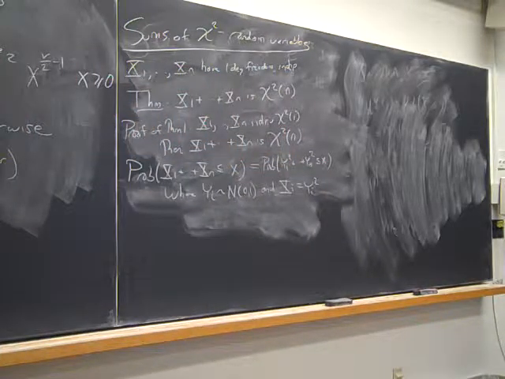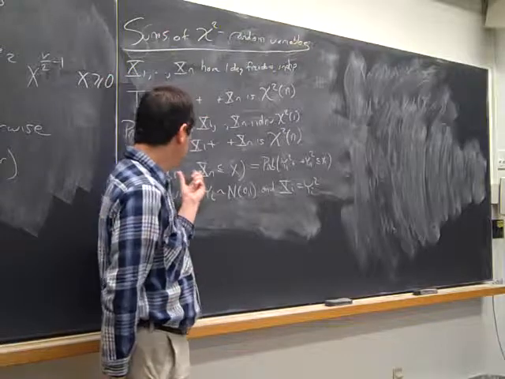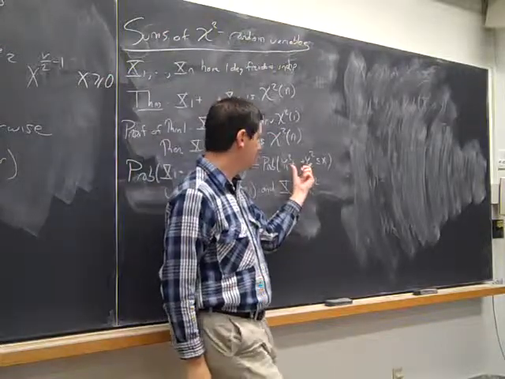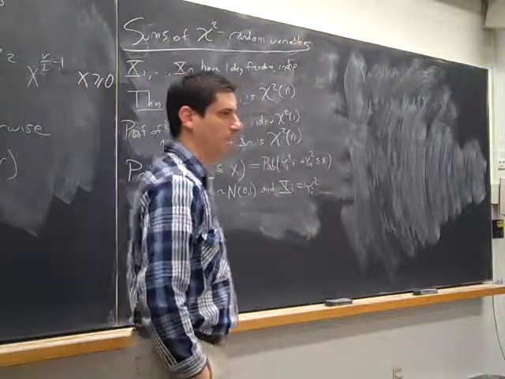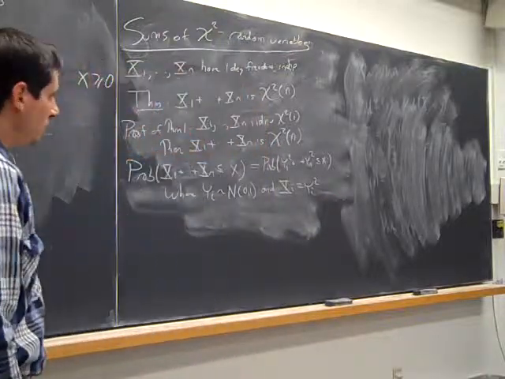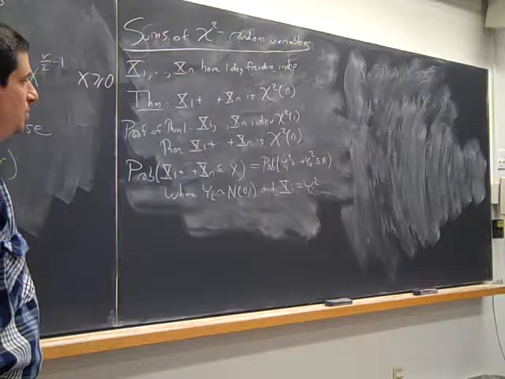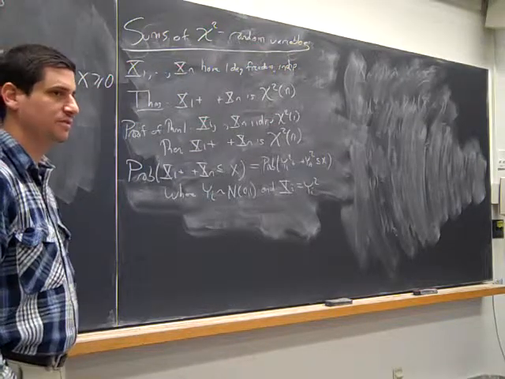Why is this the case? Well, we just proved that a chi-squared random variable is just the square of a normal random variable. So understanding this sum is the same as understanding y1 squared plus through yn squared less than or equal to x. What kind of object is y1 squared plus yn squared less than or equal to x?